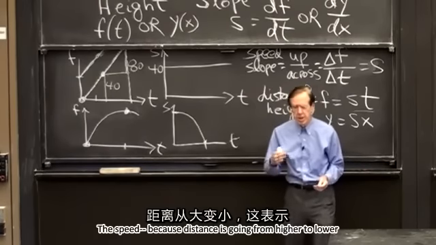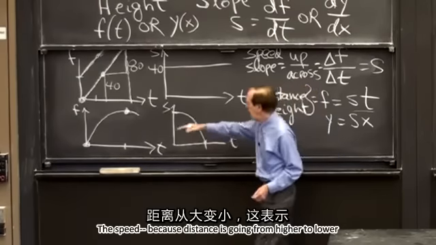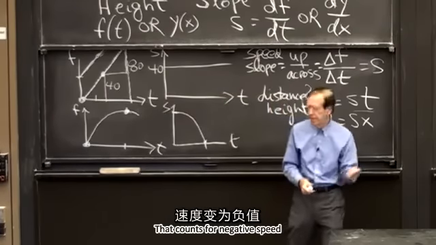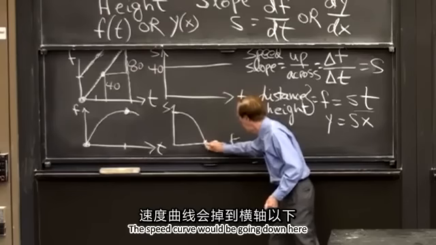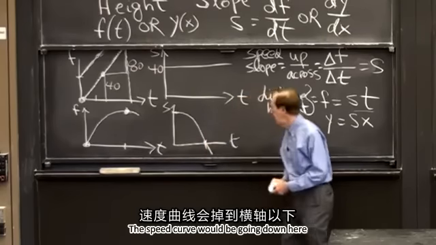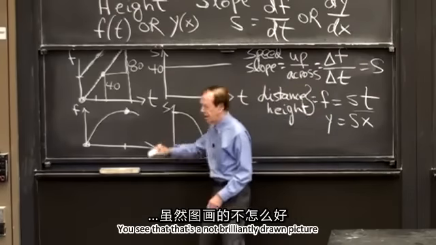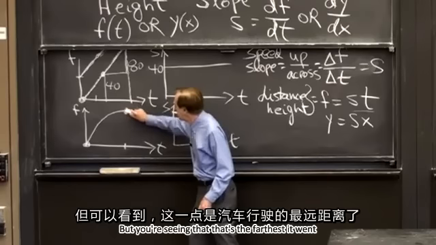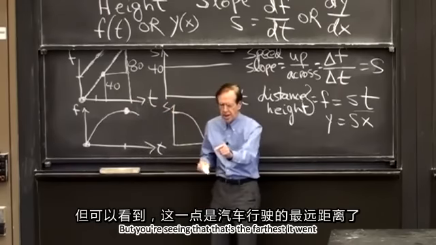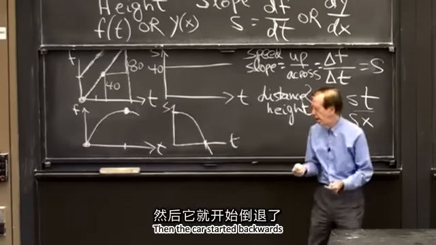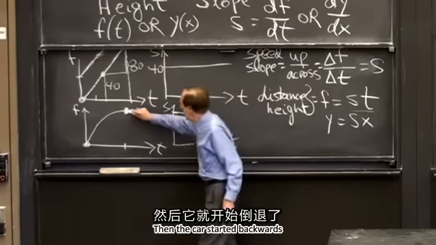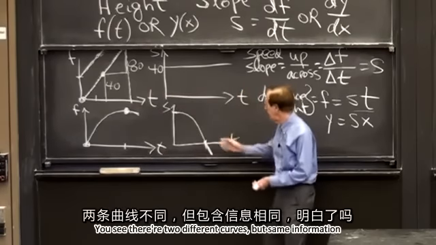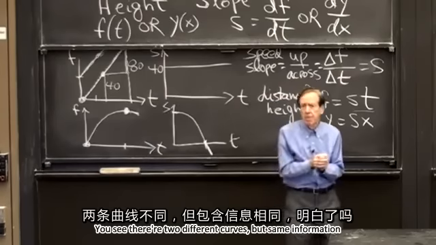The speed, because distance is going from higher to lower, that counts for negative speed. The speed curve would be going down here. It's not a brilliantly drawn picture, but you're seeing that's the farthest it went. Then the car started backwards, and the speed curve reflected that by going below 0. You see the two different curves, but same information.